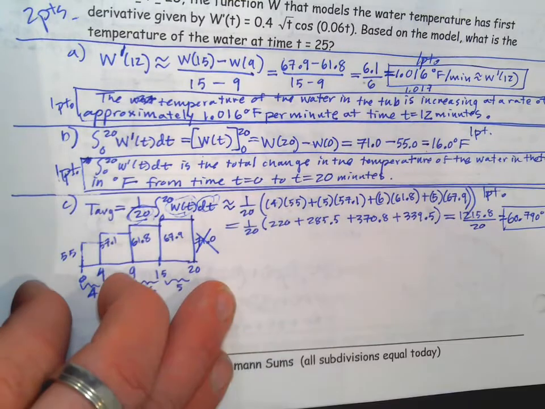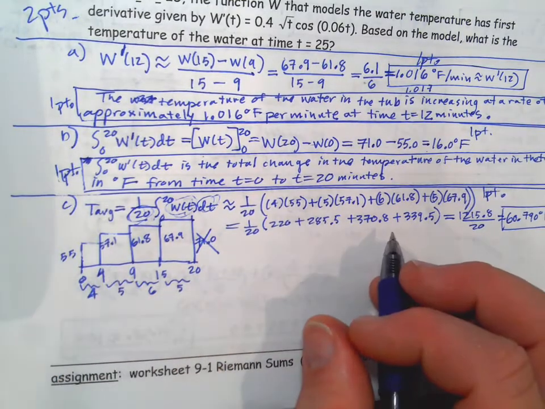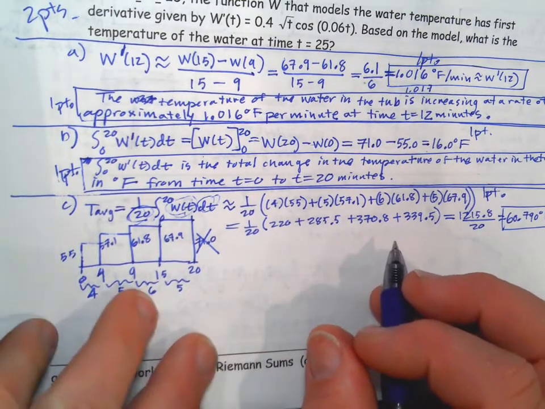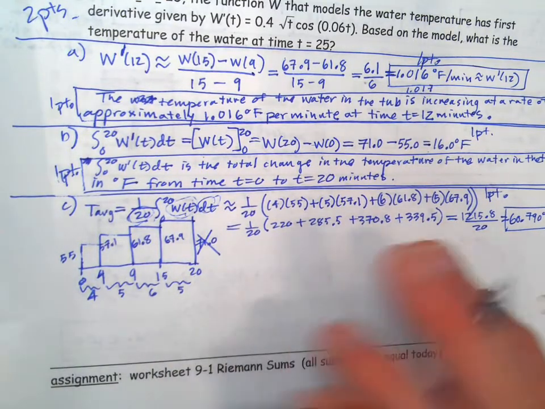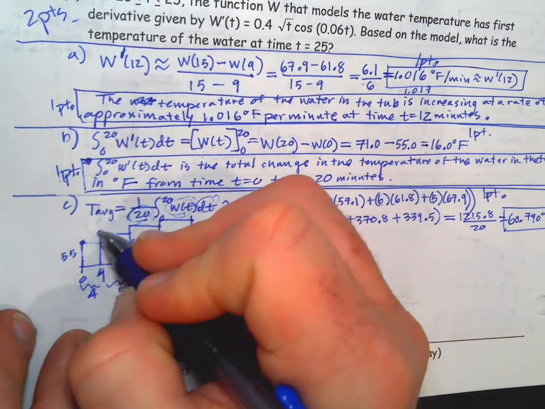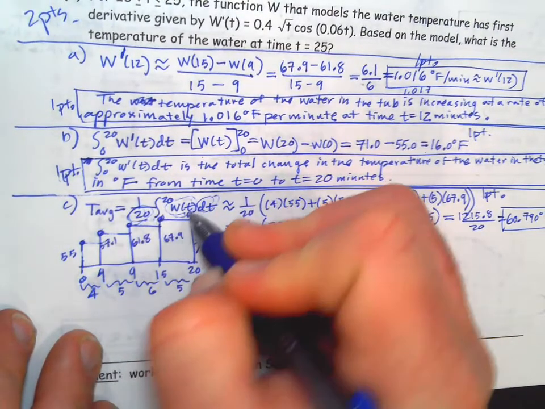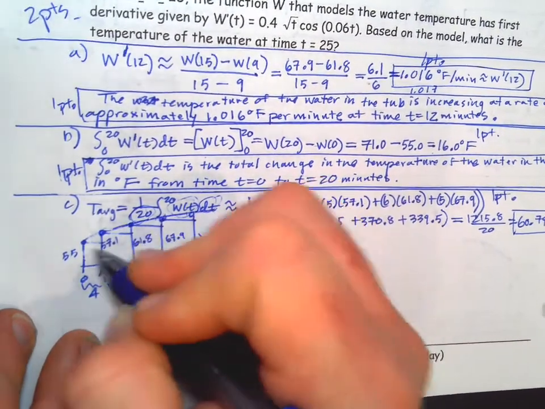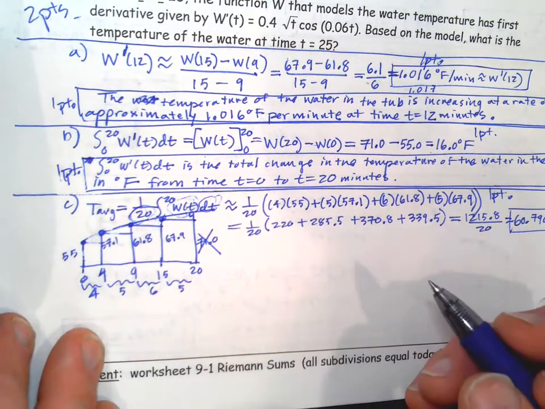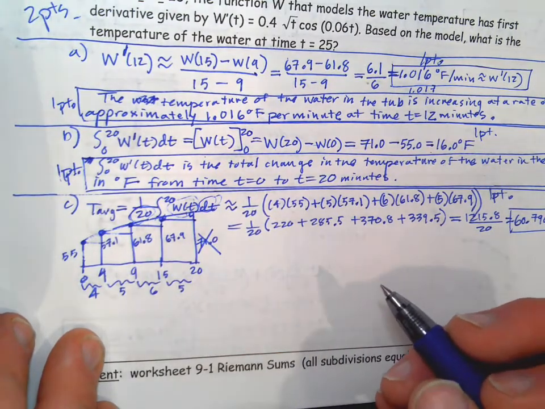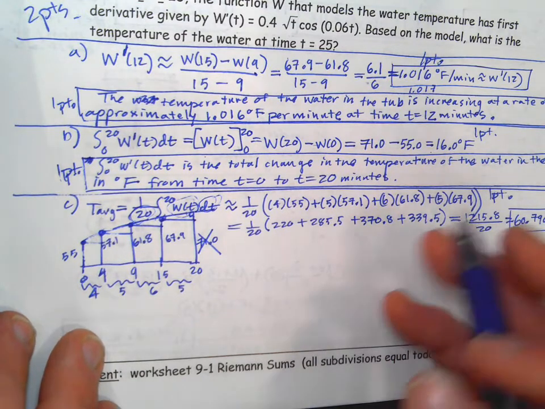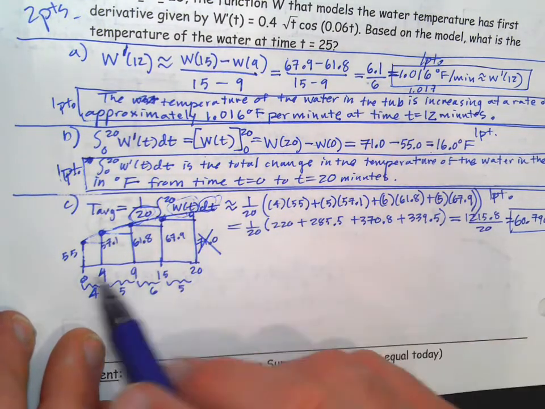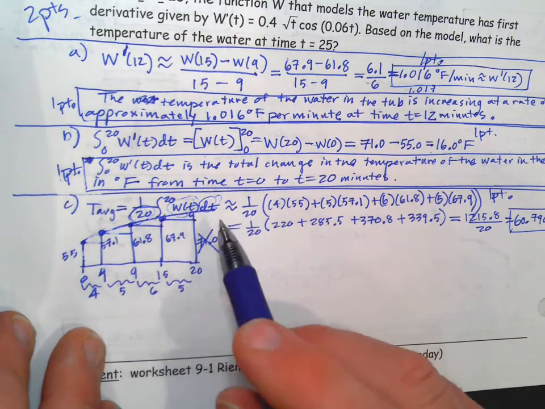Now, it said, is this over or under? Well, remember, it either has to be always increasing, always decreasing, always concave up, always concave down. And you could connect these points just to make a rough graph. And it looks obviously like an under approximation. Now, is it under because it's increasing, decreasing? Is it under because it's concave up or down? I would maybe remember that left and right end depend on increasing, decreasing. Concavity has nothing to do with it. Plus, you don't even know about concavity here.